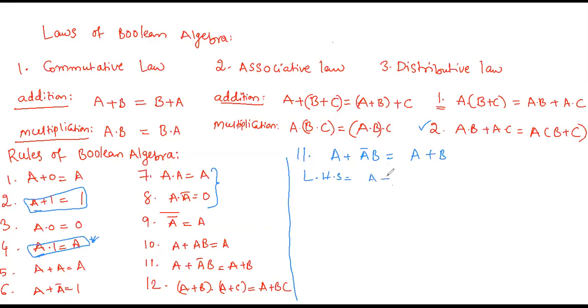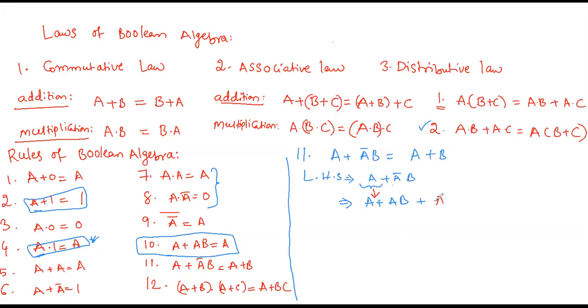A plus A bar B. Now from the 10th rule, A plus AB you can write as A. From the 10th rule, you can write A is equal to A plus AB. Okay. A is equal to A plus AB.